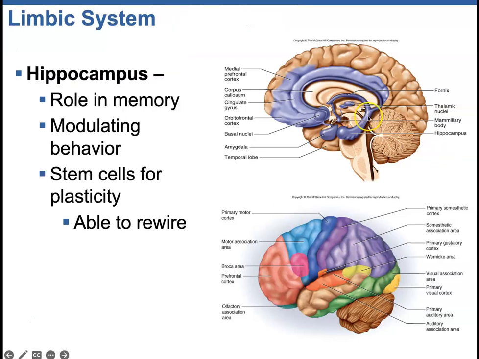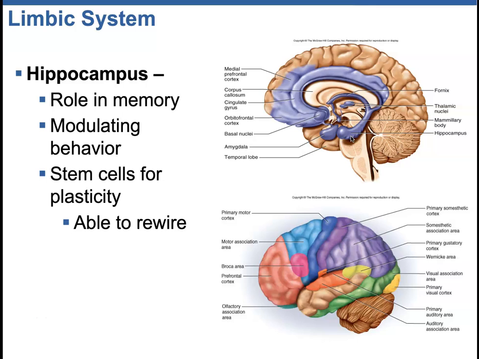Then the hippocampus, that's this part right here. And the hippocampus has a lot of memory that is integrated there. It's a huge memory center where we've learned a lot of things and kept them. And what's kind of cool is that we actually have stem cells for our neurons there that we can actually rewire.